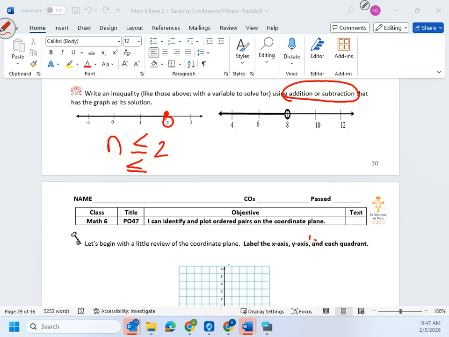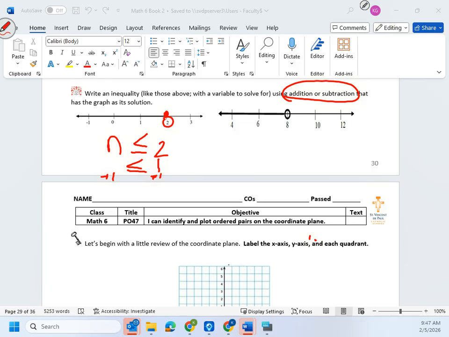1 plus 1. So 1 plus 1 would equal 2, right? So how would I write that going opposite? So instead of 1 plus 1, because I know 1 plus 1 is 2, I put a 1 over here. If I want to do opposite operations with plus 1, what would be on this side?